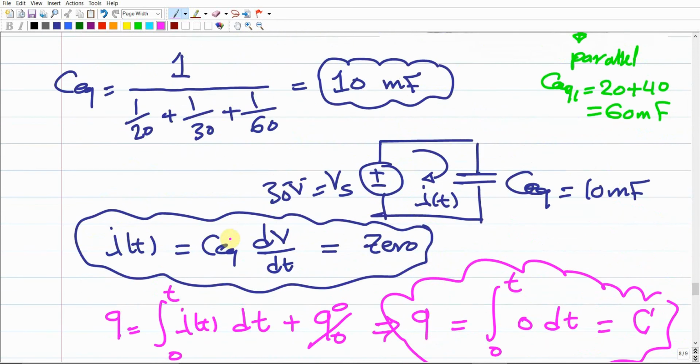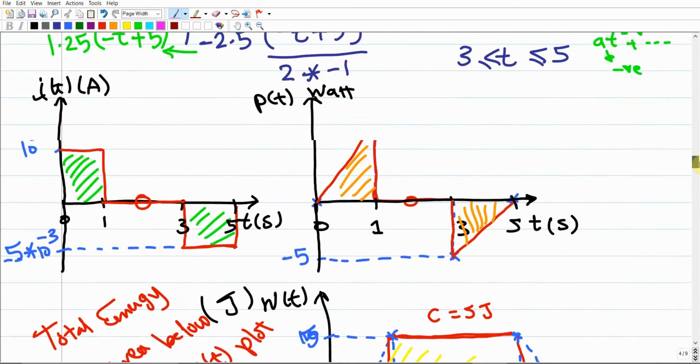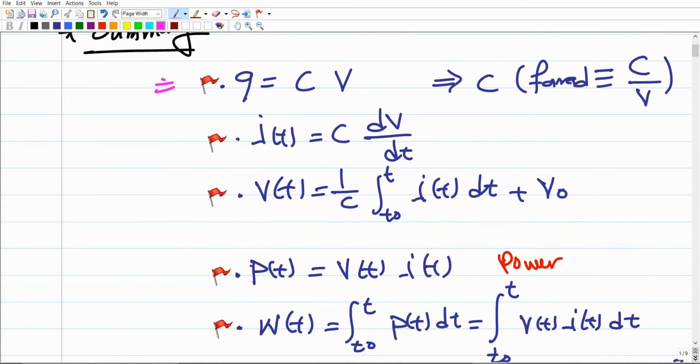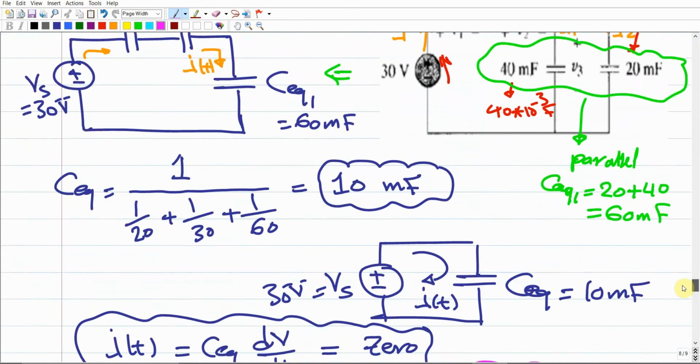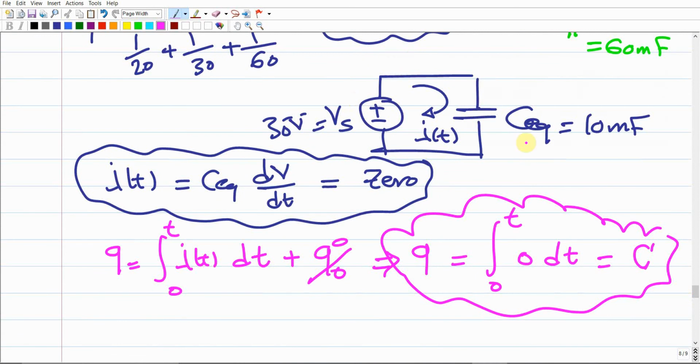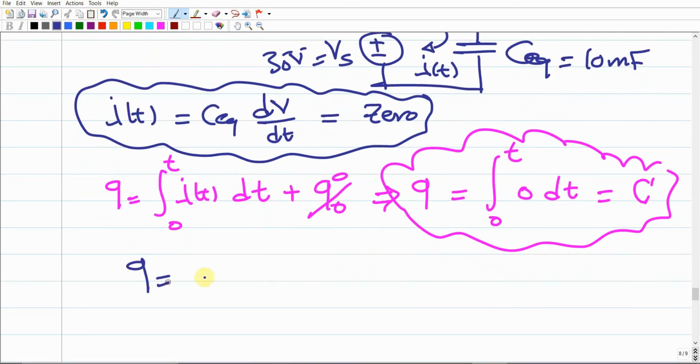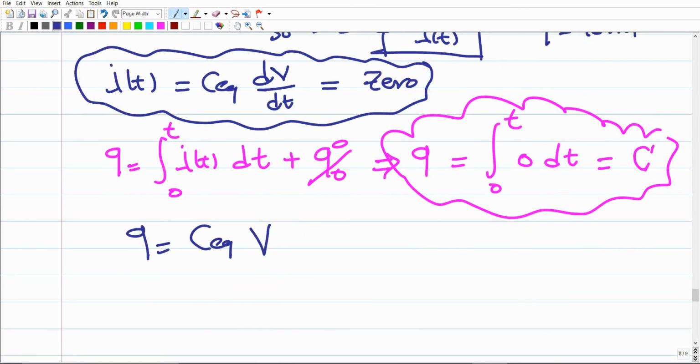But if we go back here to the summary up there, we mentioned that the charge is related to the voltage through this equation, Q equals C times V. So going back again to this electrical circuit down here, the one we are considering, we're gonna conclude that Q, which is the charge, should equal C, which is the C equivalent, times the voltage, which is the 30 volts, right?